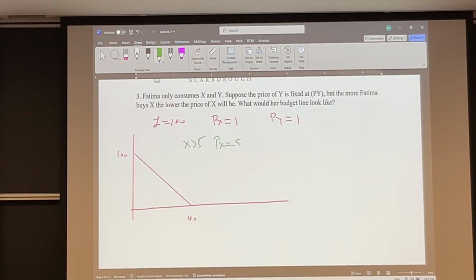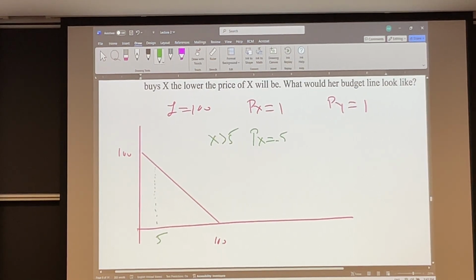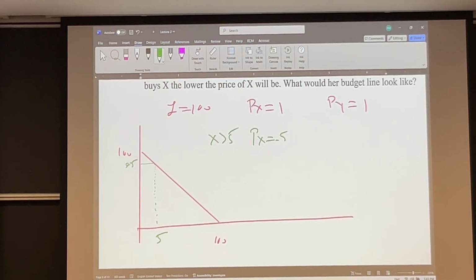Up to 5 units, you pay $1 each. If you buy 5 units, how much money will you be left with? 95 bucks. Up to that point, that's the budget line. What happened thereafter? We'll see. You still have 95 bucks, right?